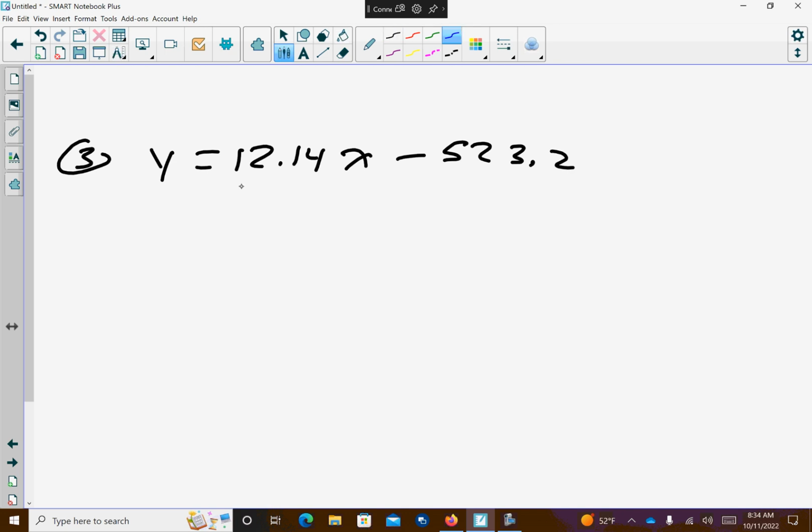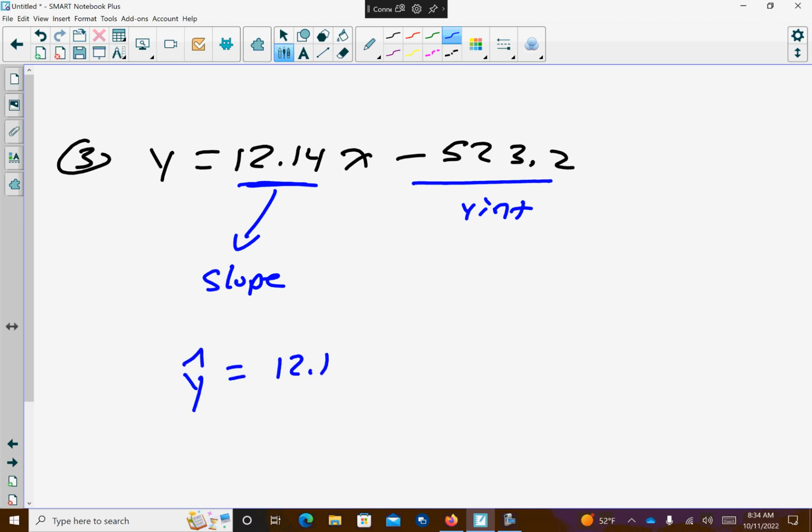Some characteristics to note. This is our slope. Okay, and slope can indeed be decimal, that's fine. And this is our y-intercept. So state the equation, regression equation. So we would want to have it being y hat equals 12.14 x minus 523.2.